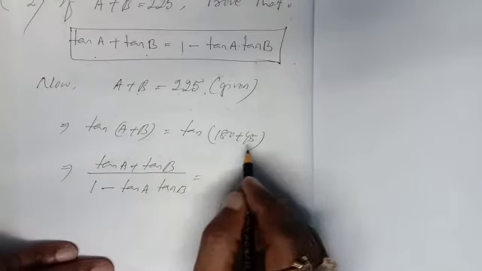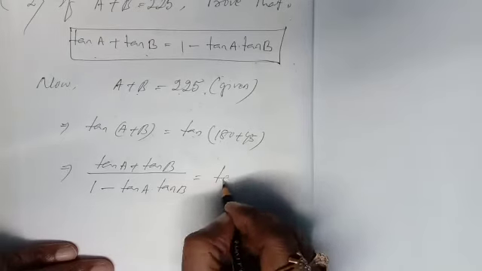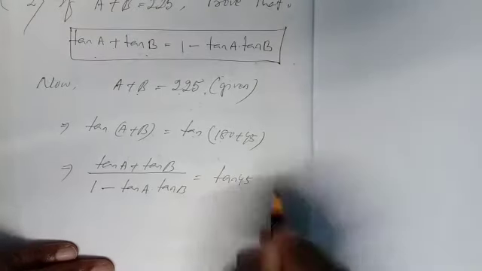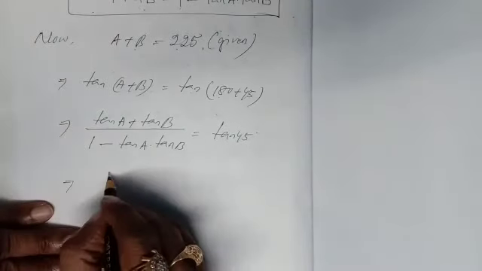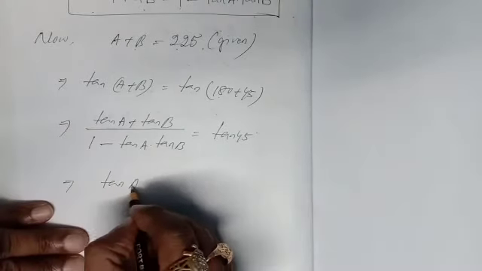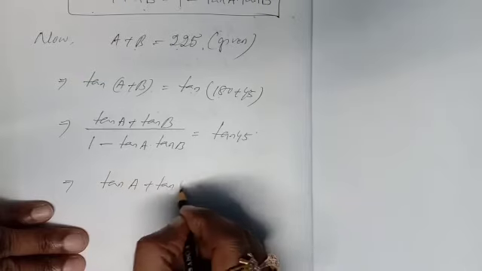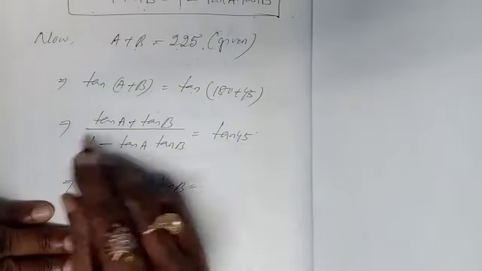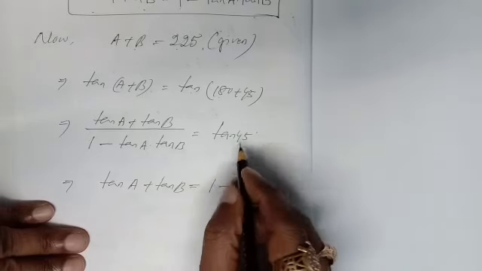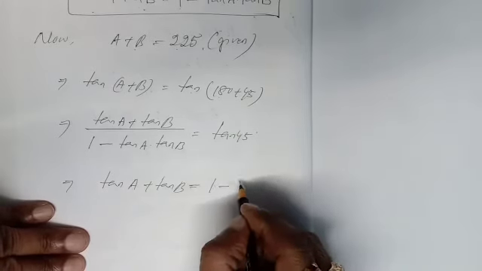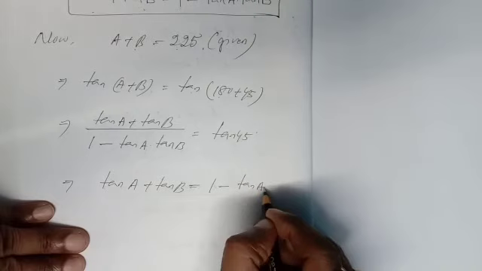Therefore tan (180 plus theta) will be tan theta, means tan 45. Now tell me, what is the value of tan 45? 1. The final result will be tan a plus tan b, this is 1 into this. Therefore after cross multiplication, putting the value of tan 45, you are getting 1 minus tan a into tan b.